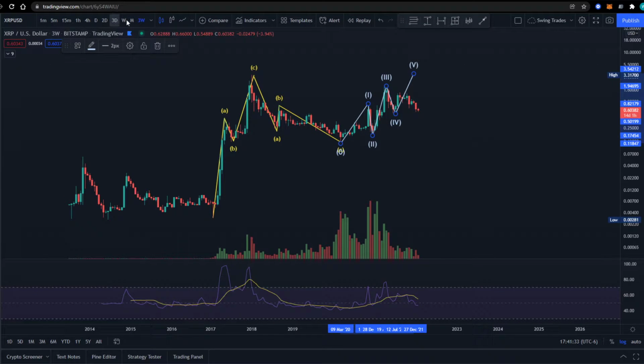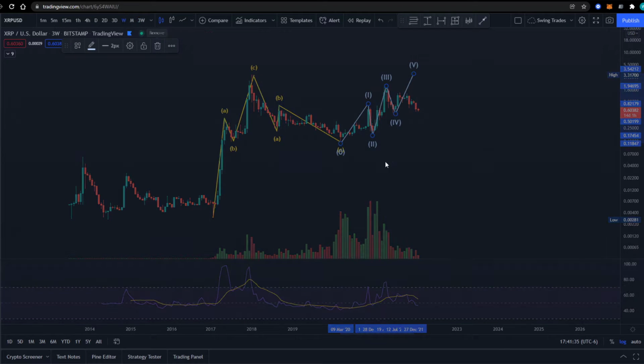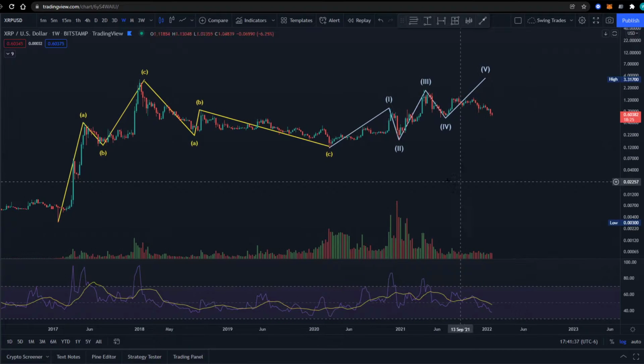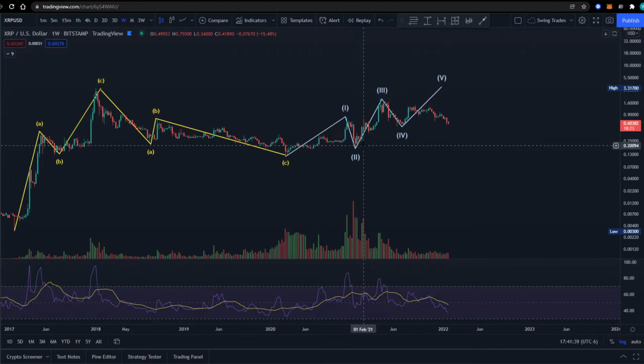And I'm actually going to bring this down to a weekly time frame so we can see this a little better. So this was the COVID-19 sell-off back in, oh wait, no, this is December. This is the COVID-19 sell-off right here. This is March of 2020. This is the SEC lawsuit sell-off, right?